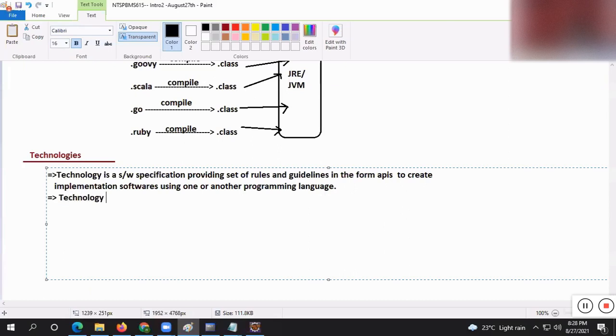Technology is not installable, but the technology-based implementation software is installable. Okay.